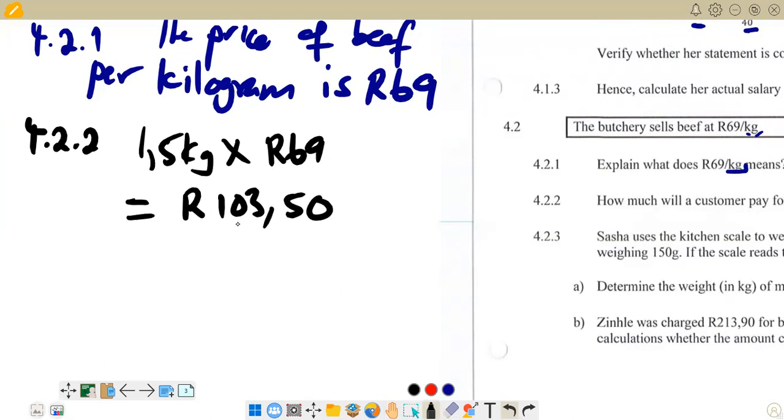Remember, this is money, so we express it to 2 decimal places to represent our cents. The section on the other side of the comma is representing our cents. So this is what we have in terms of 4.2.2. Then we can move on to the next question.